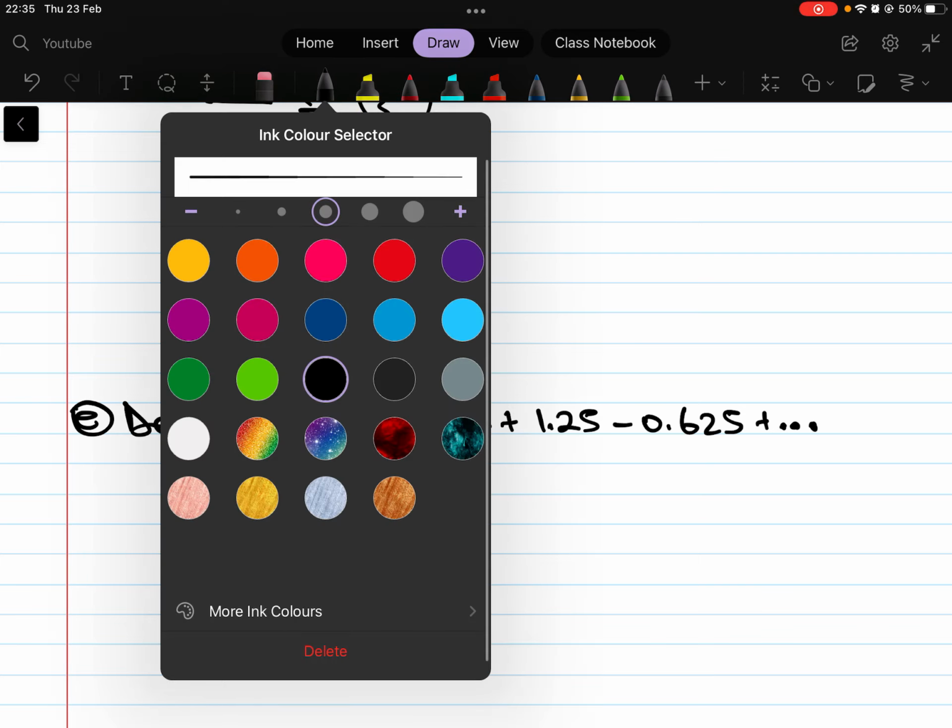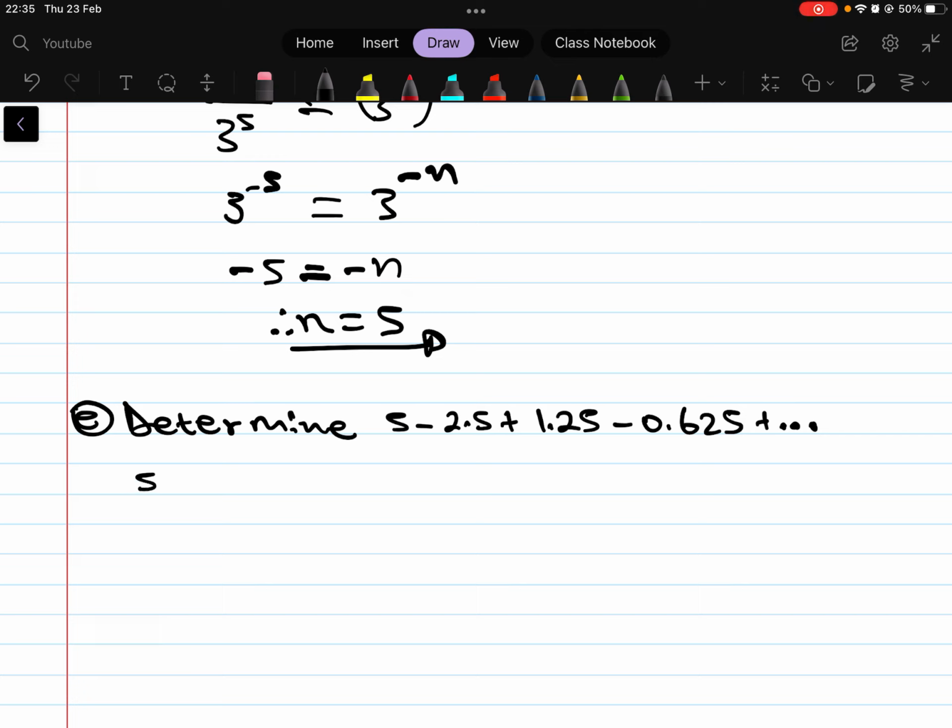One other thing that you could do is to write this series as a sequence. Instead of the plus signs and the minus signs, just separate them with a semicolon, so that you can deal with the sequence that we are used to: 5; negative 2.5; 1.25; negative 0.625. Then you will see that this is your term 1, term 2, term 3, term 4.